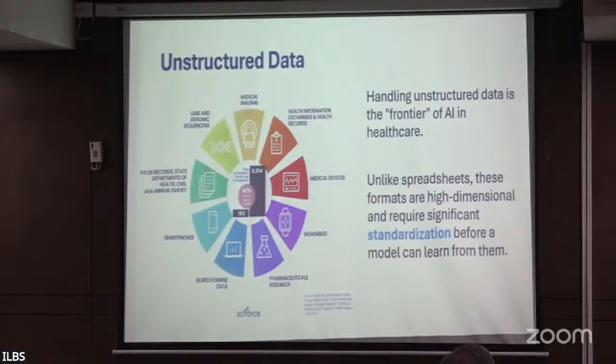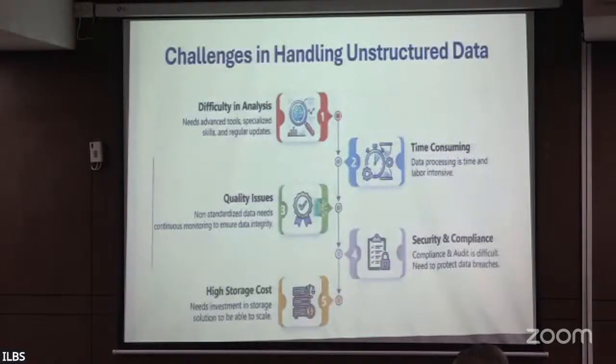In unstructured data, imaging, text and signals, meaning ECG or EEG, all come into this area, from all wearable devices. These are some challenges: quality of storing the data, high storage required, difficulty in analysis because of the data type itself.